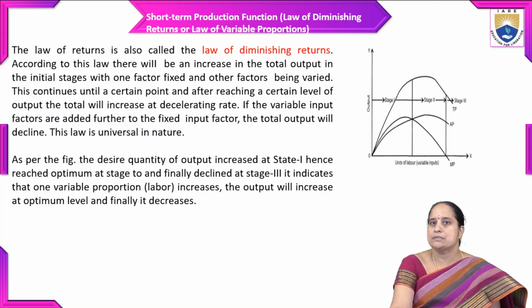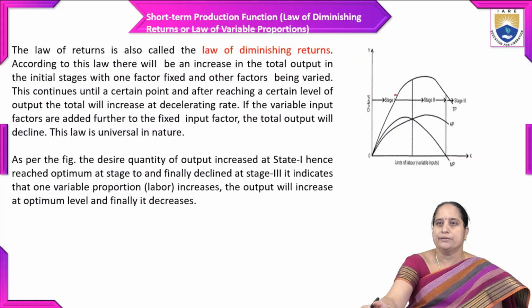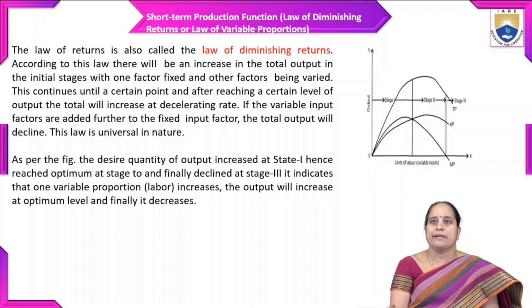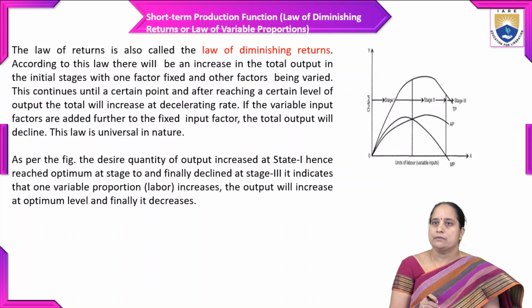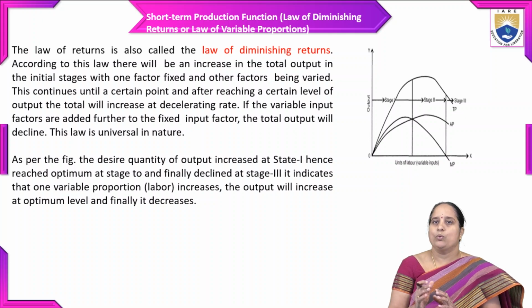After reaching a certain level of output, the total will increase at a decelerating rate. So in the first case, it continuously increases, thereafter it slowly starts declining. If the variable input factors are added further to the fixed input factor, the total output will decline.